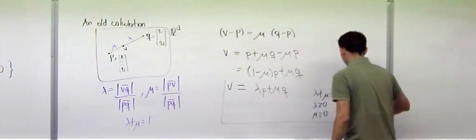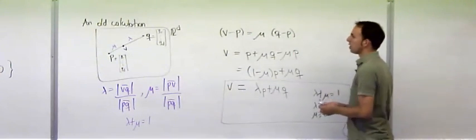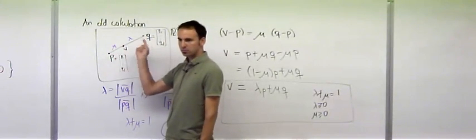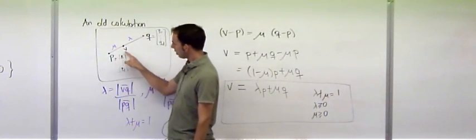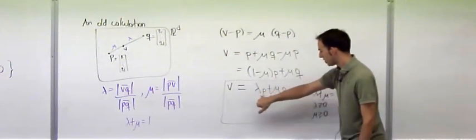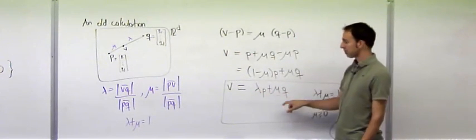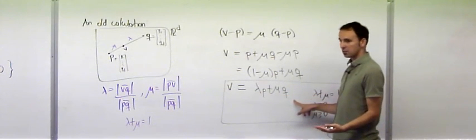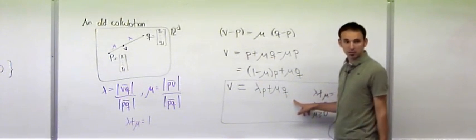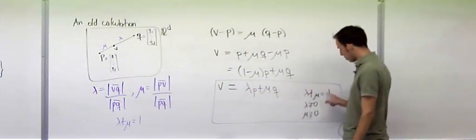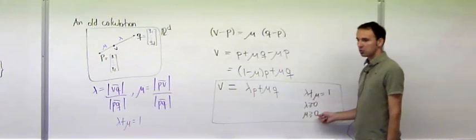So if you look at this expression, you see that if you want to express any point in the line segment between P and Q, any of these points, you're going to represent them as a linear combination of P and Q, lambda P plus mu Q. But it's not just any linear combination, it's what we called a convex combination. A convex combination is when the coefficients add up to 1, and they're greater than or equal to 0.